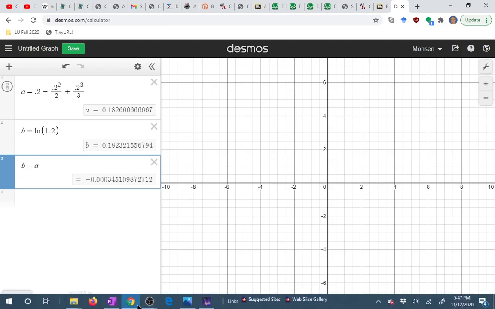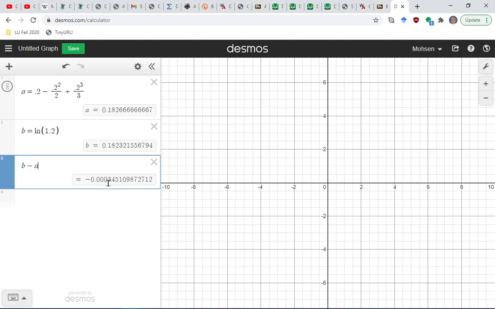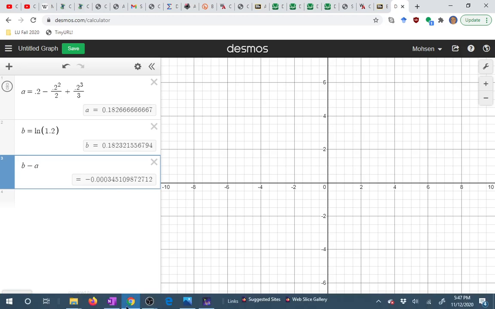Okay, so you see that we are okay to 3 decimal places, and after that things depart from each other. This one is 6 and this one is 3. And the question is, what if I want to have 2 more digits? What if I want the error to be less than 10 to the power of minus 5?